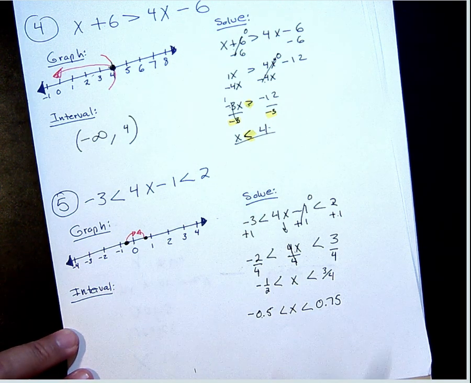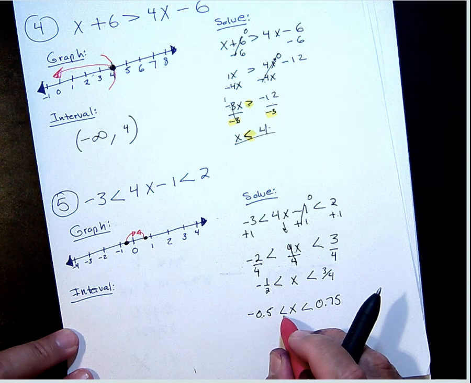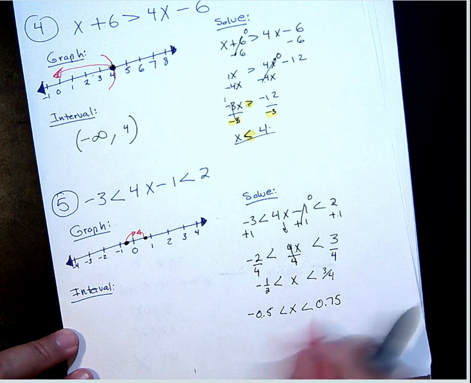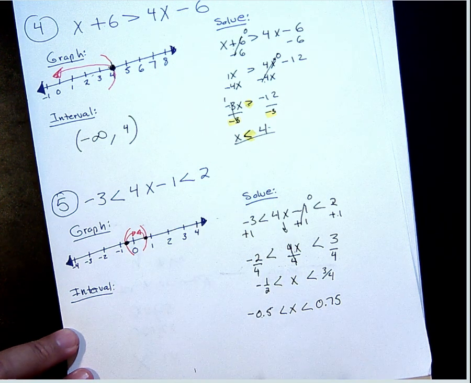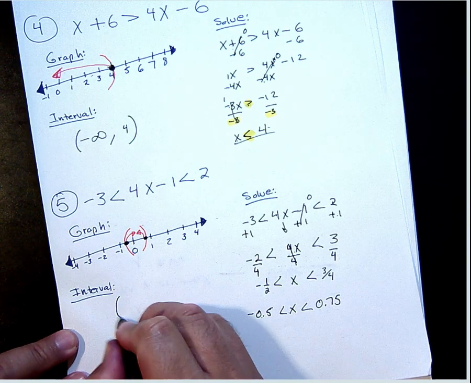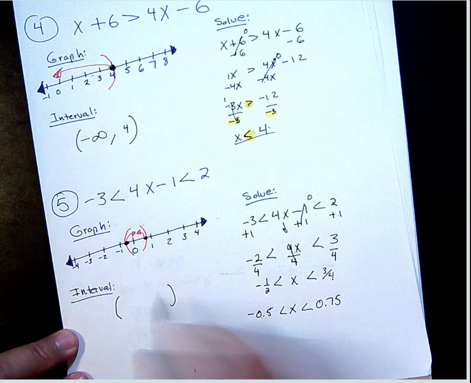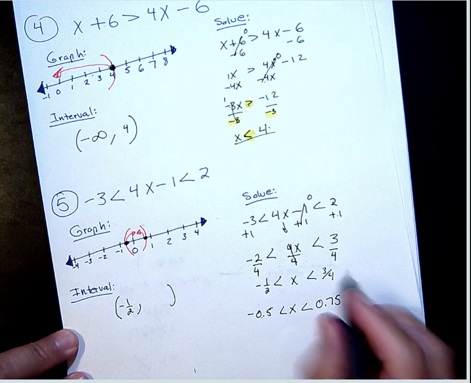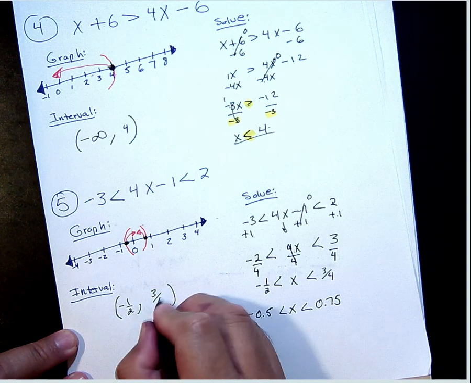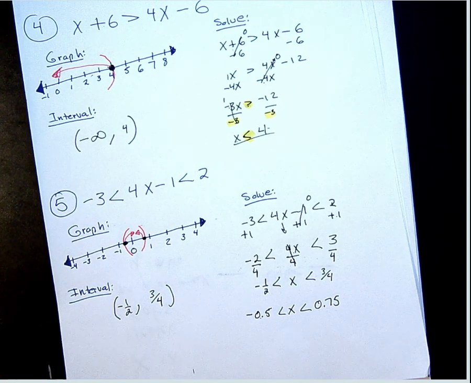Like that, and if you notice, I'm using parentheses or brackets, parentheses because none of them have an equal sign, so you use parentheses facing where the arrow is going. So for the interval, you will use those two parentheses, use a fraction now, so negative 1/2, comma, 3/4. And that would be the answer.